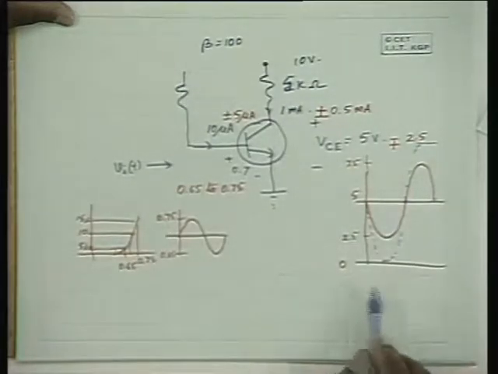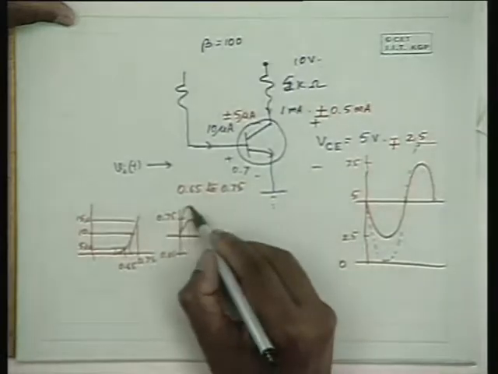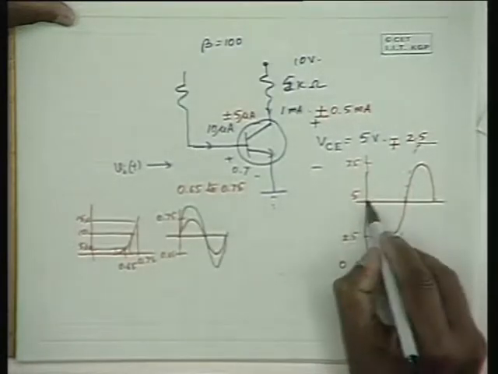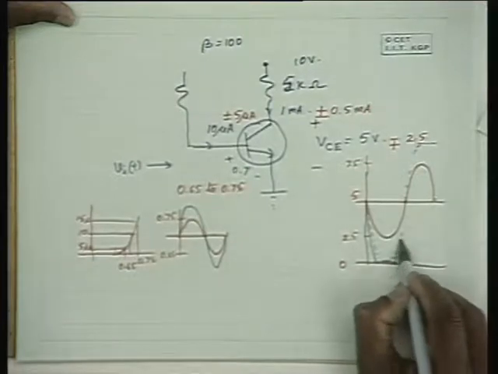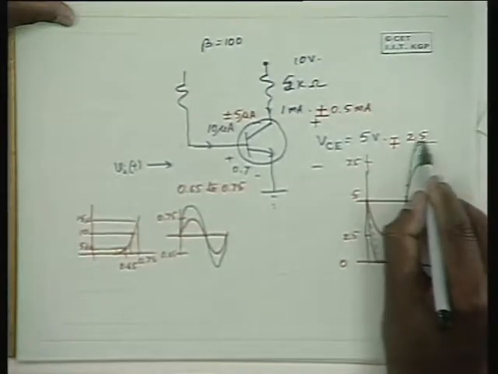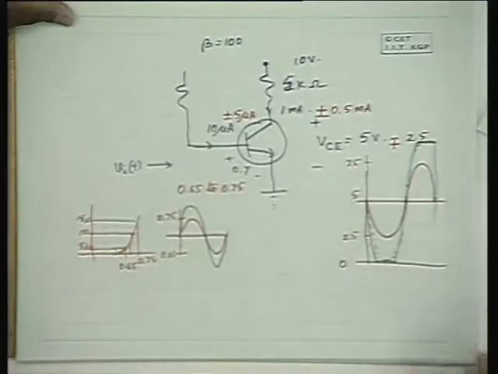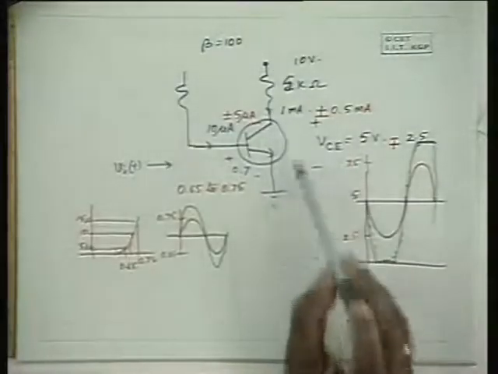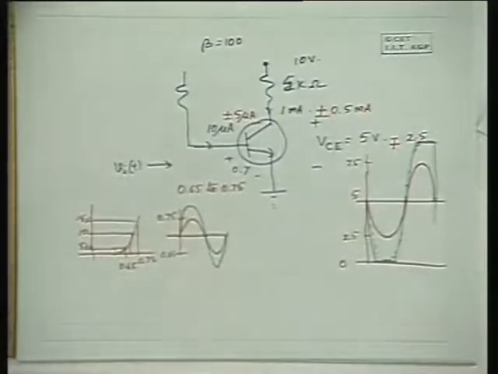If the input voltage is further increased like this, you will have a distorted output, and naturally these limits are fixed by the biasing voltages and the supply voltage and so on.